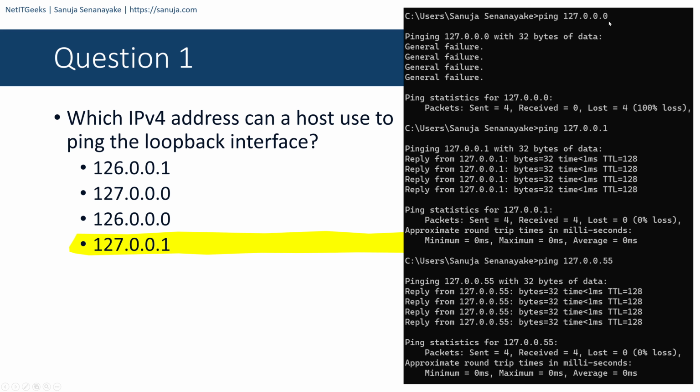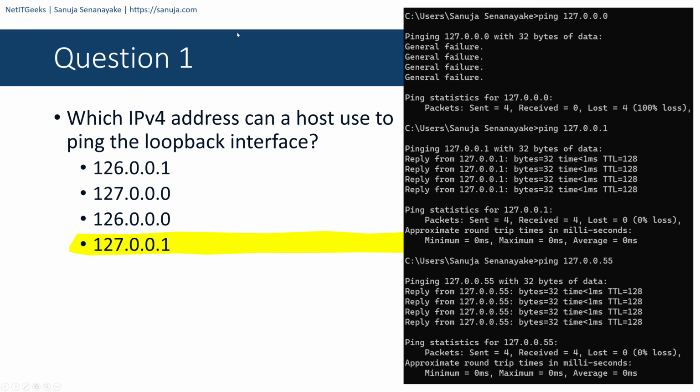But however, if you ping 127.0.0.0, what will happen? It'll end up with an error message saying general failure. The reason for that is you also need to remember for your Cisco exams that 127.0.0.0 is the network address that is reserved in the loopback IP address range.